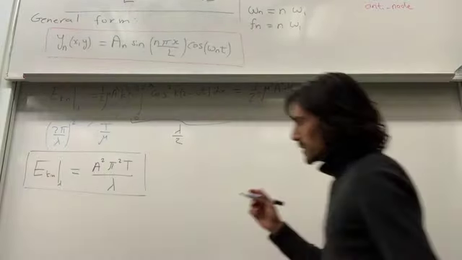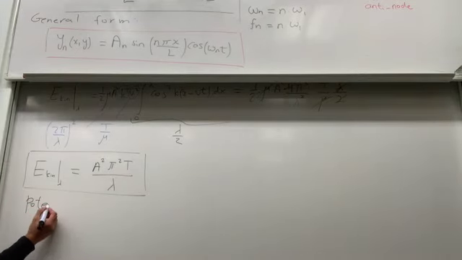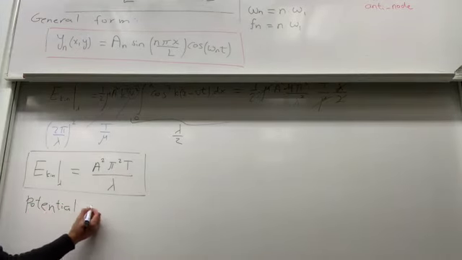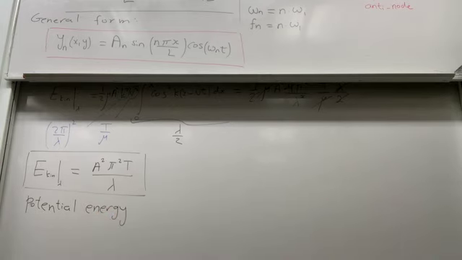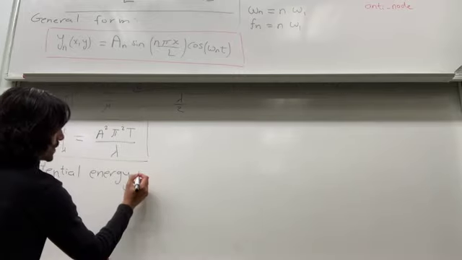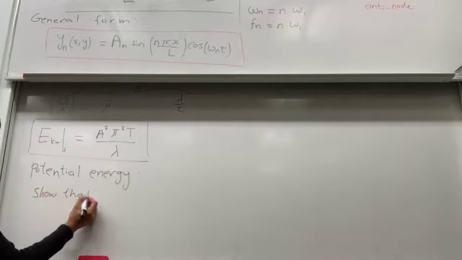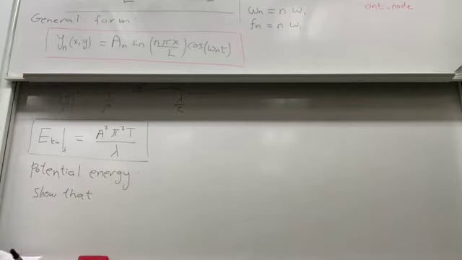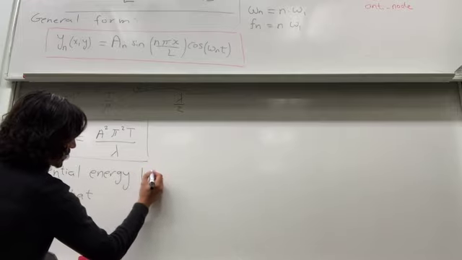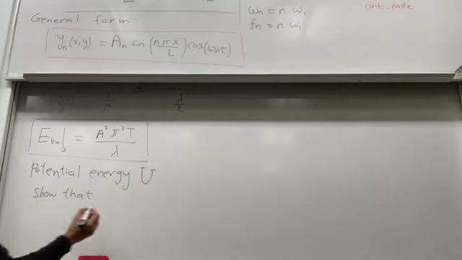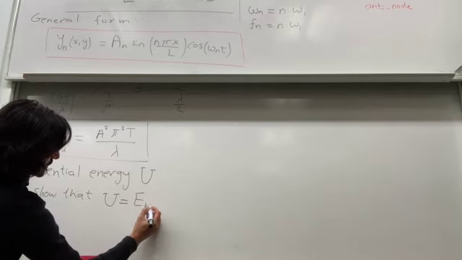All right, we can do the same thing for the potential energy, but I'm going to leave this for you to do. Potential energy. Show that, so this is the potential energy, call it U, that U is actually equal to the kinetic energy.